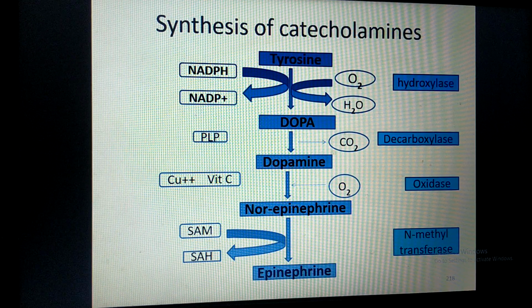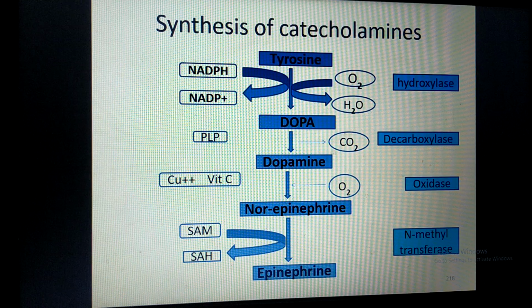The first step is conversion of tyrosine to dopa, just like melanin, but the enzyme is different. Here the enzyme is tyrosine hydroxylase, again a monooxygenase enzyme, which breaks the oxygen molecule into two atoms. One atom of oxygen is added to tyrosine to form dihydroxyphenylalanine, meaning two hydroxyl groups, and the other oxygen atom is added to water.